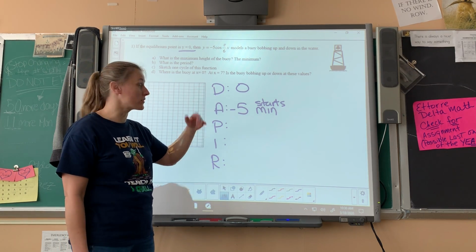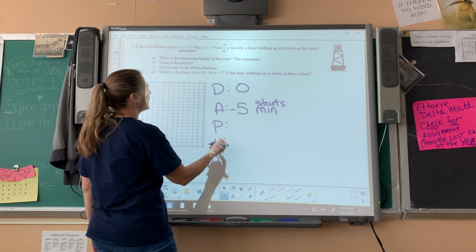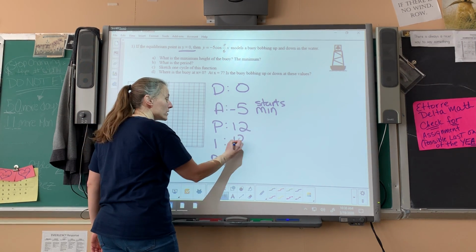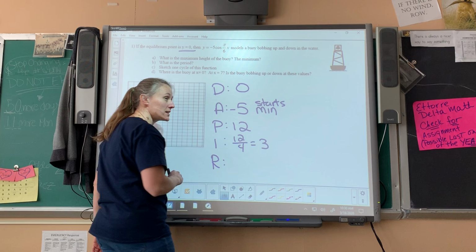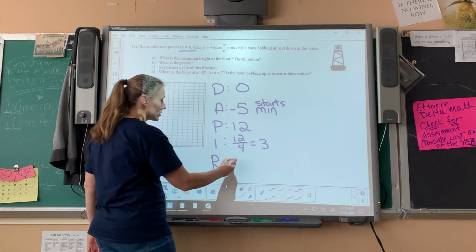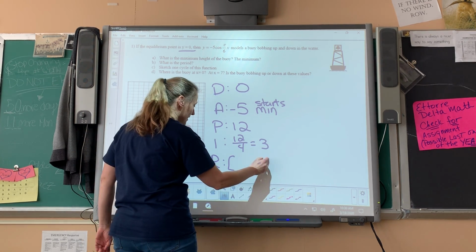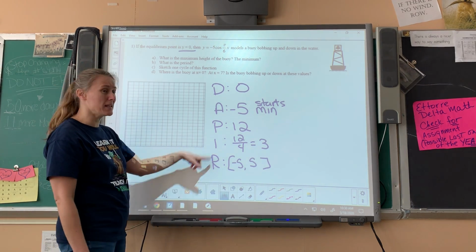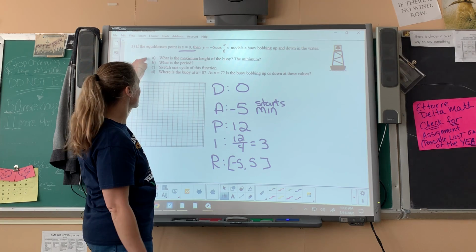If it's positive, it starts at the max. The period we just decided was 12. The interval is the period divided by 4. So in this case, it's 3. And the range, I should not have erased it, but it's -5 to 5, as I recall. Okay, it's the min to the max, which we did in this part.